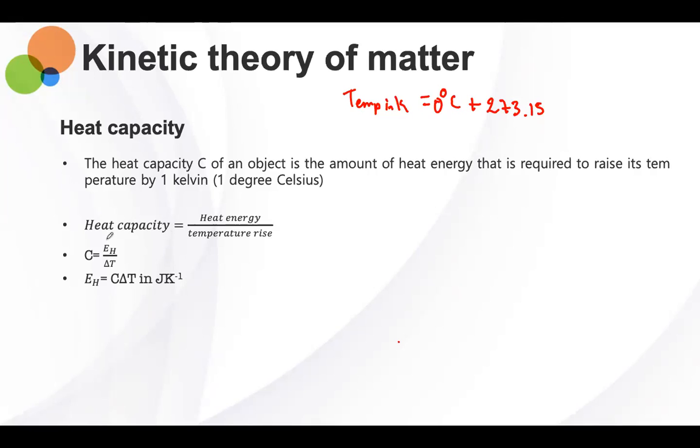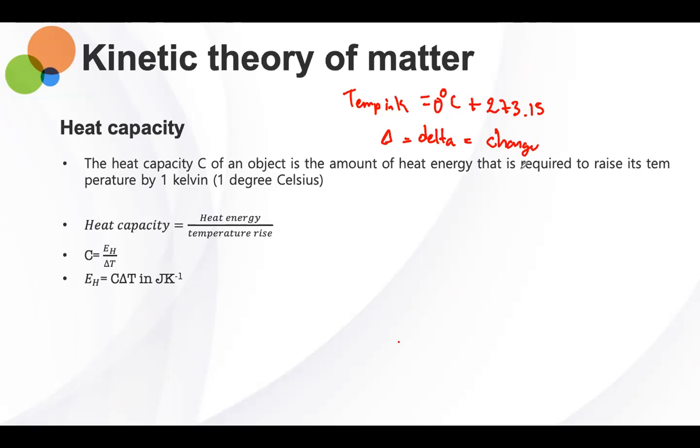So for the formula, we have heat capacity as big C, heat energy E sub H, and temperature rise delta T. Remember what delta means again? It means a change, yes sir.